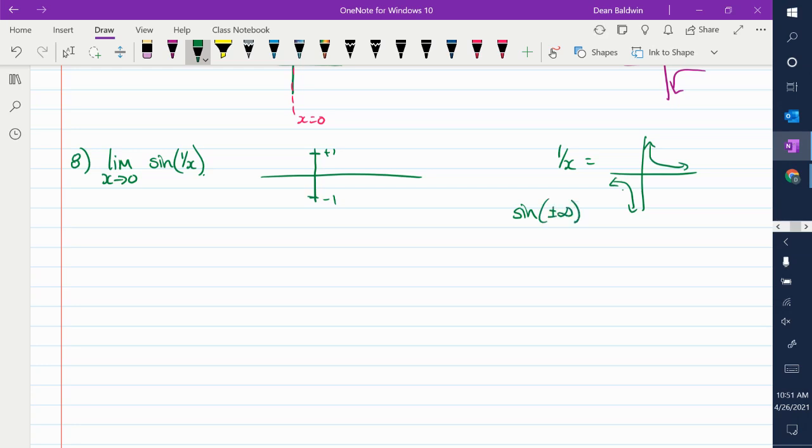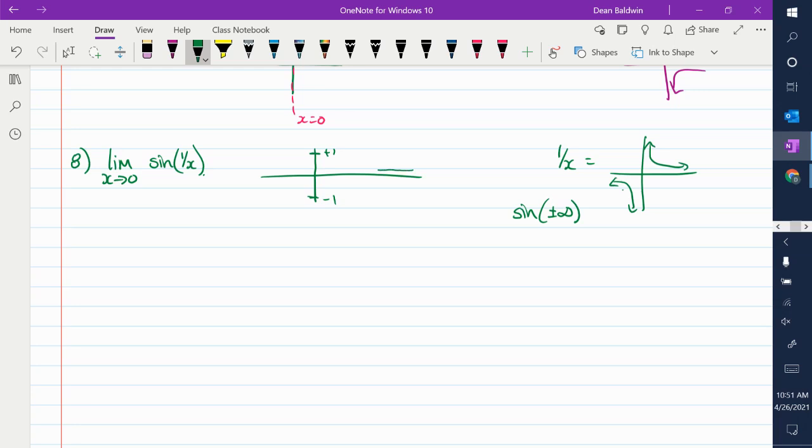That's essentially what you're doing as you get closer to 0. With the sine function, you're plugging in really, really big numbers, which are way out here, or really small numbers, negative infinity, which are way out here. The graph only ever oscillates between 1 and -1. So this is what the graph looks like.